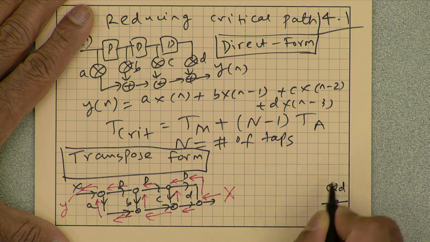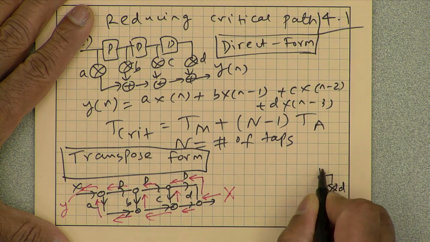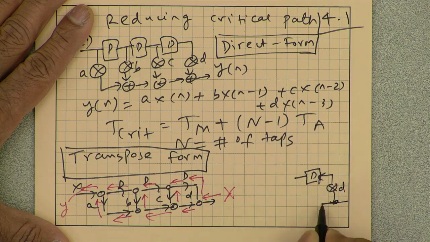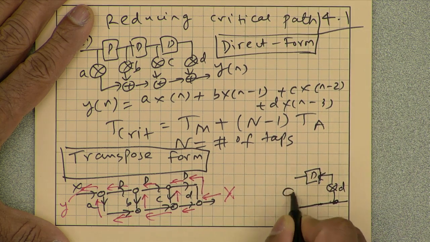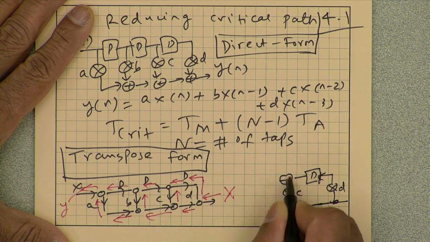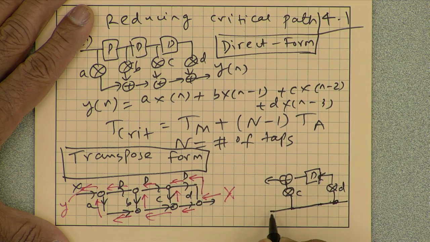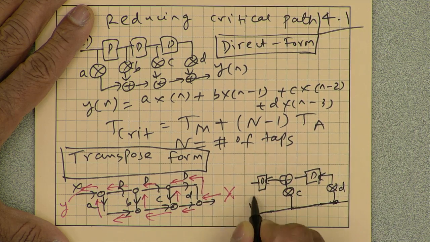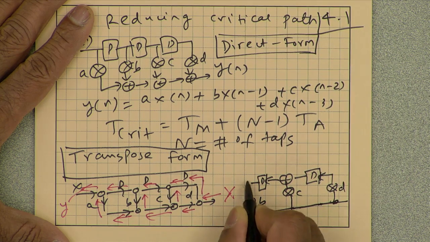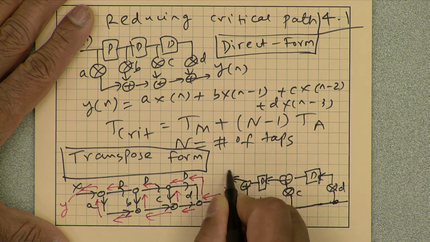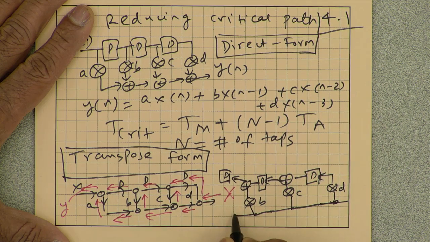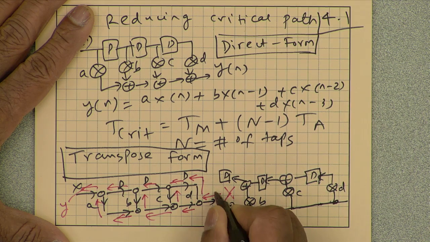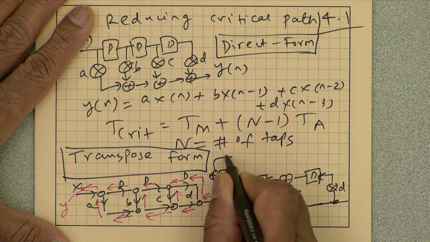So I have multiplication by d going through a delay element, and this is going through a multiplication by c, and add to that and a delay element, then multiply by b, add to that and a delay element, and finally multiply by a and add to that, and that's the output y.